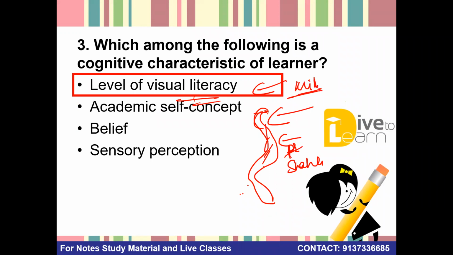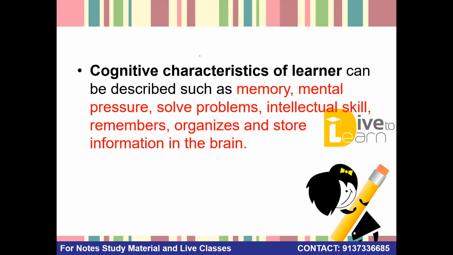Okay, that is the meaning of visual literacy. So cognitive characteristics of a learner can be like mental memory, solving problems, intellectual skills, remembering, organizing, storing information in the brain. At times we do this and then we retrieve whenever it is required. Okay.